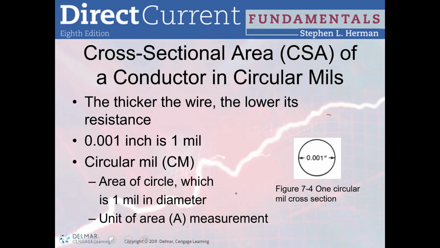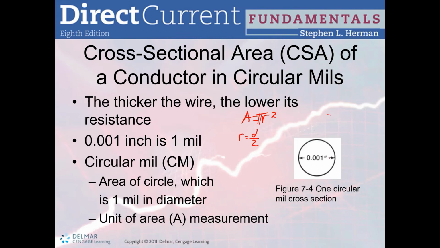Okay, so what I want to show you guys is, if I want to determine the area of a circle, we have that area is going to be equal to pi times r squared. Also, we have that r, which is the radius, is going to be equal to d divided by 2.